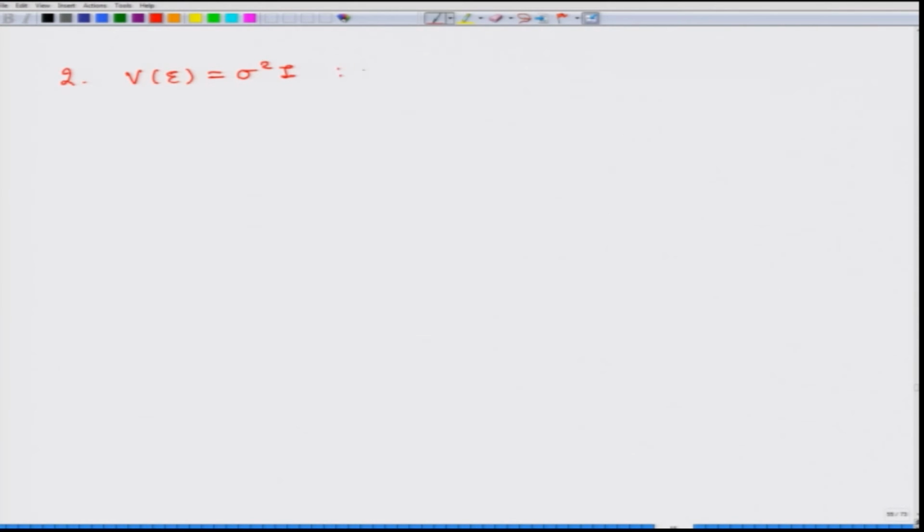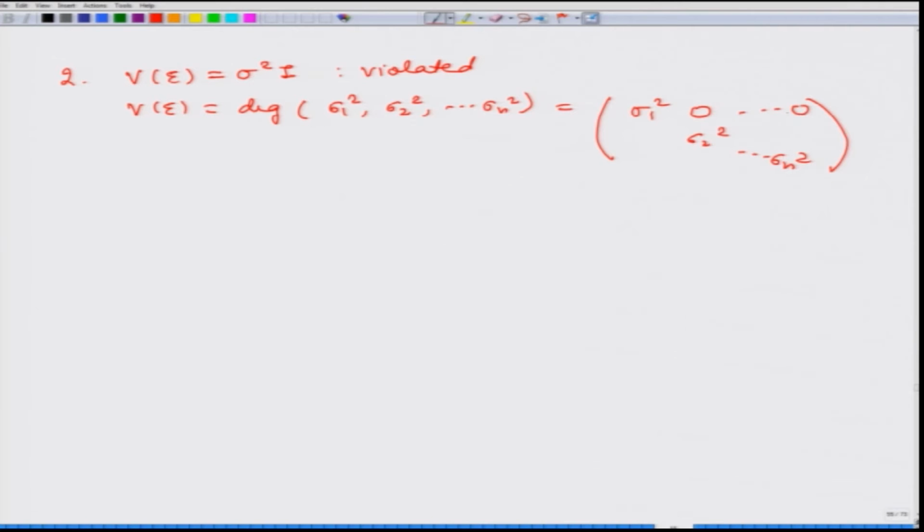And suppose now we assume that this is being violated, and we assume that the variance of epsilon is given in the form of a diagonal matrix of sigma 1 square, sigma 2 square, up to sigma n square, and all off-diagonal elements are 0, indicating that epsilon 1, epsilon 2, epsilon n are independent, but they have different variances.